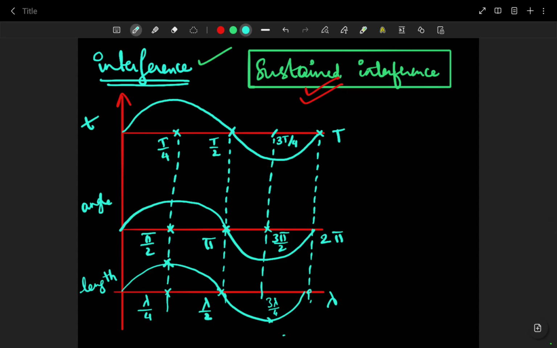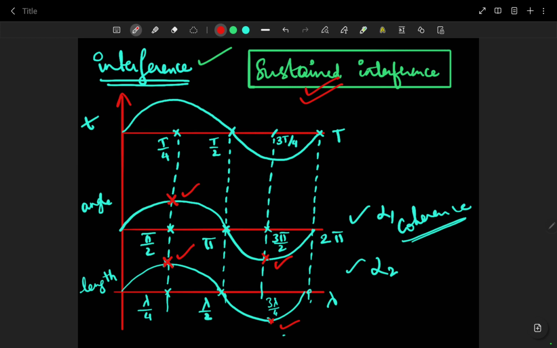Take, for example, this is your light source 1, this is your light source 2. Both are in coherence with each other. What is coherence? Both are in sync with each other, which means here is the crest of this wave, here is the crest of this wave, here is the trough of this wave, here is the trough of this wave.